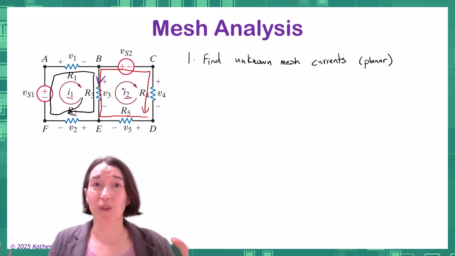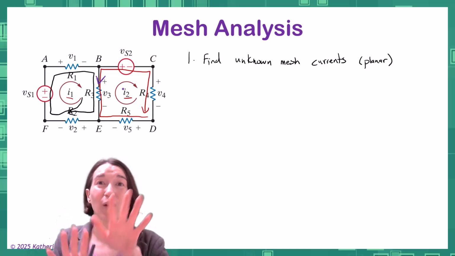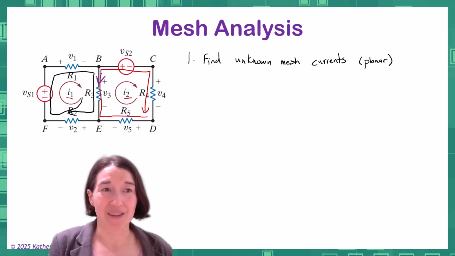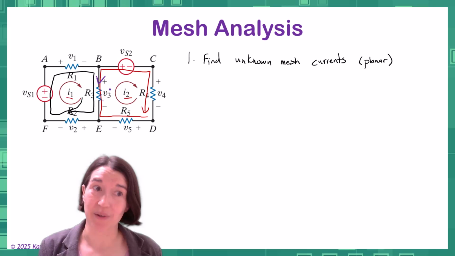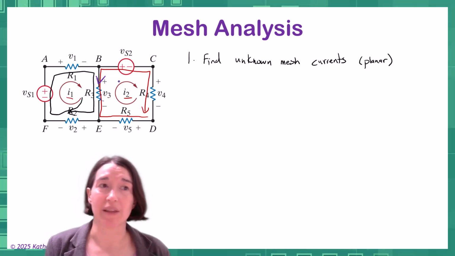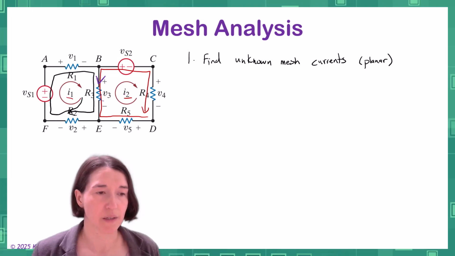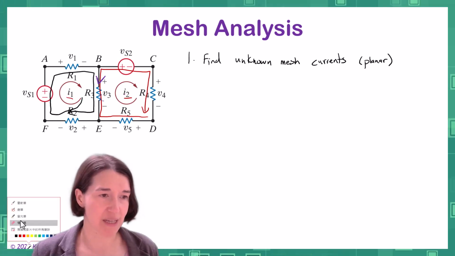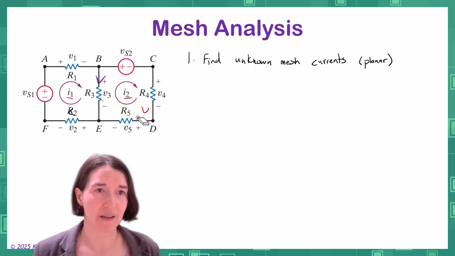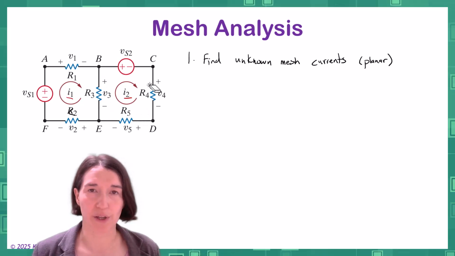When those currents get close to each other, they interact. In this case, they would take away from each other. So this branch current will not be exactly the same as I1 or I2. It'll be a combination of them. Okay, so let's continue with the process. If it didn't make sense yet, hopefully it will soon.